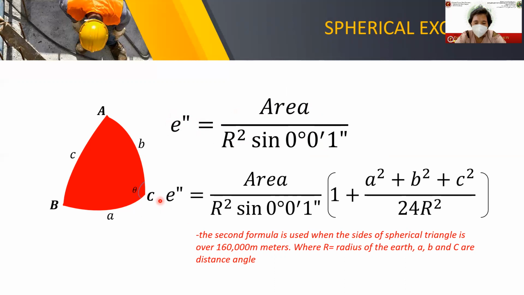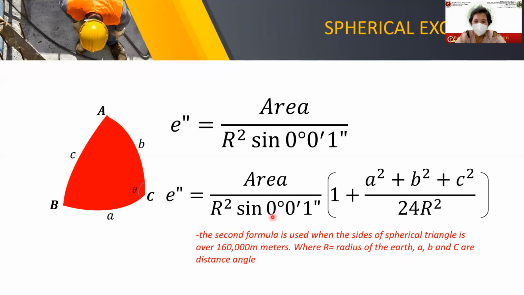And then for the second formula, you can use this one if the spherical triangle area is over 160,000 square meters in length, where r is the radius of the earth, and A, B, and C are the parts of the spherical triangle.